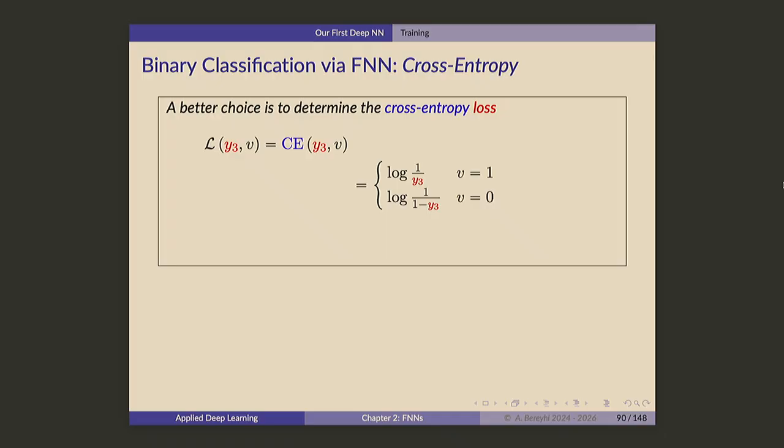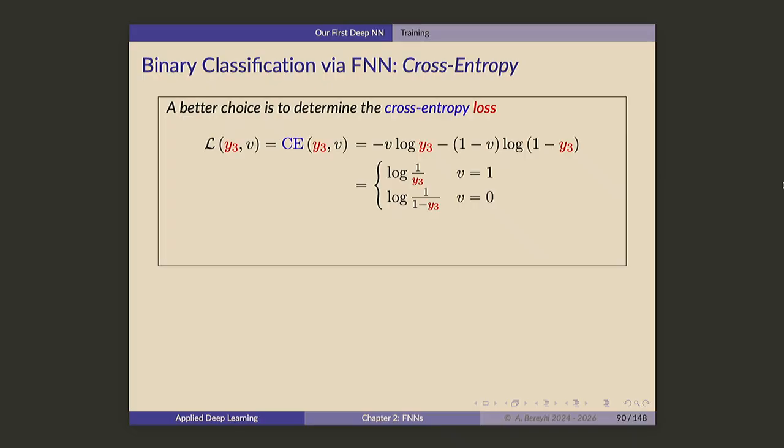So this is the way that I am defining the cross-entropy, but some of you might have checked it out before, and you don't remember seeing this guy. You probably have seen this expression, and this expression is exactly the same thing. Look at that one. v is either 0 or 1. If I set v equal to 1, this second term is going to disappear because 1 minus v is 0.